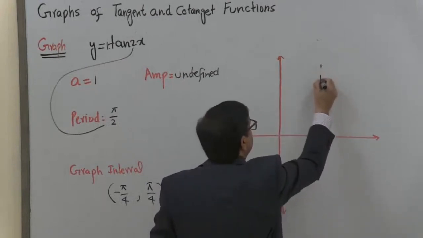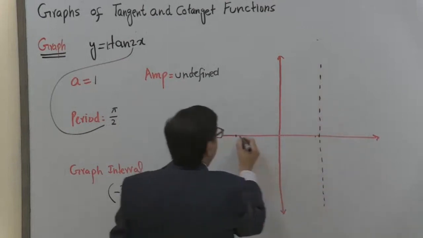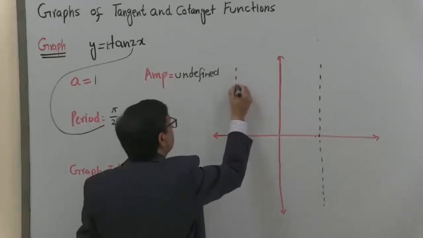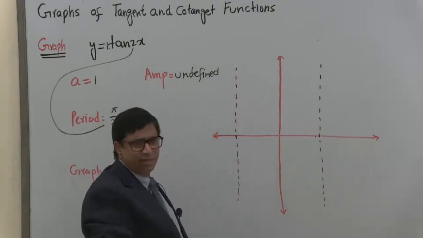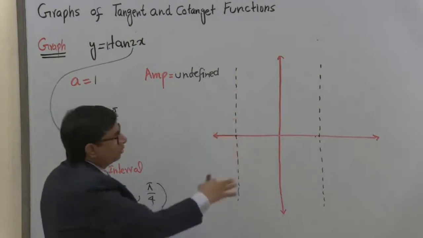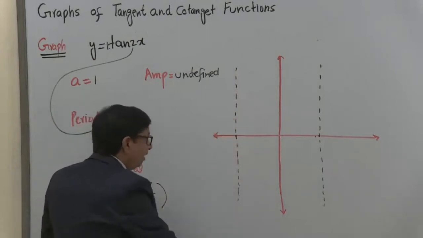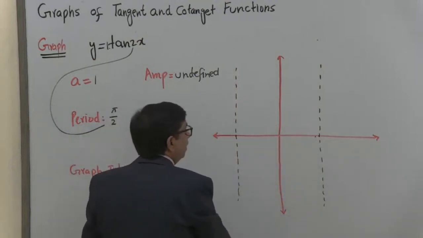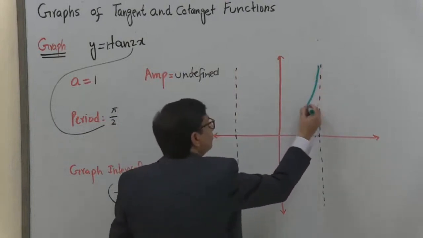I draw asymptote on this side, and approximately the same distance I'm taking on the other side. When you see, this is a graph for tangent function. Just write down this one and draw it. Axis and graph it. If I graph for tangent function, it is like this.